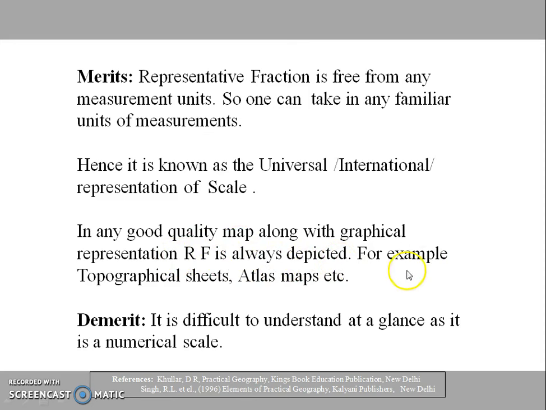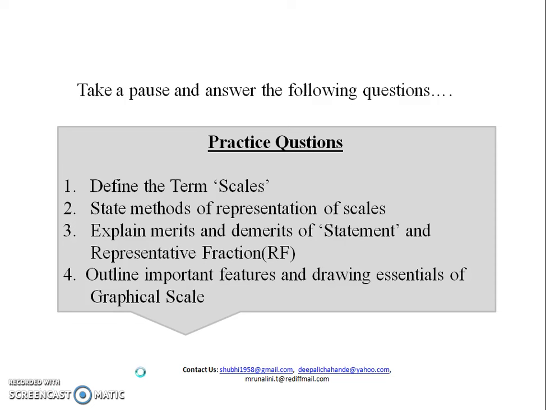For example, topographical sheets and atlas maps, etc. The major drawback of RF is that it is difficult to understand at a glance because it is a numerical scale and so units are not attached to it.